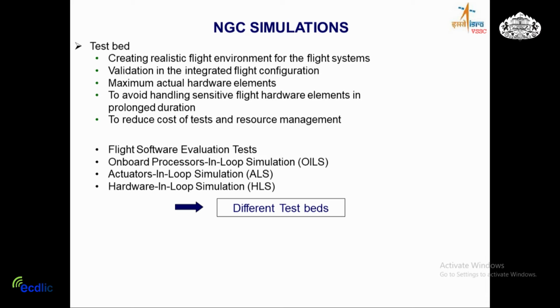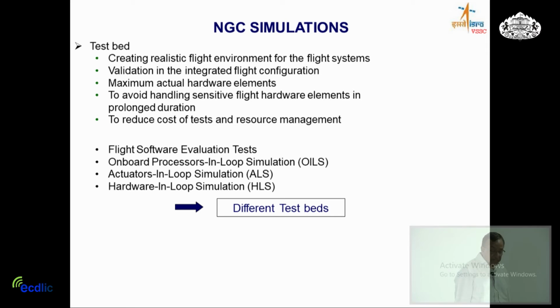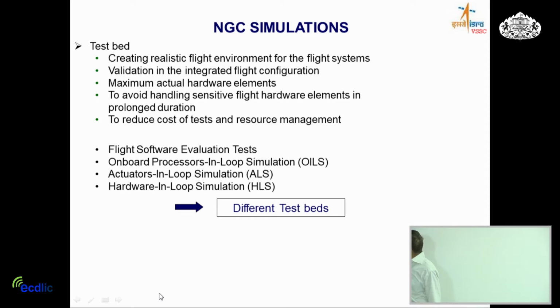Now this is carried out at different levels. These are the four different levels at which we are carrying out the NGC simulation. The first is the flight software evaluation tests, in which we are still not using the flight electronics.